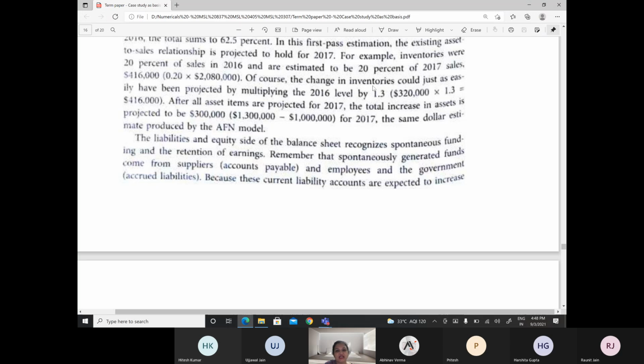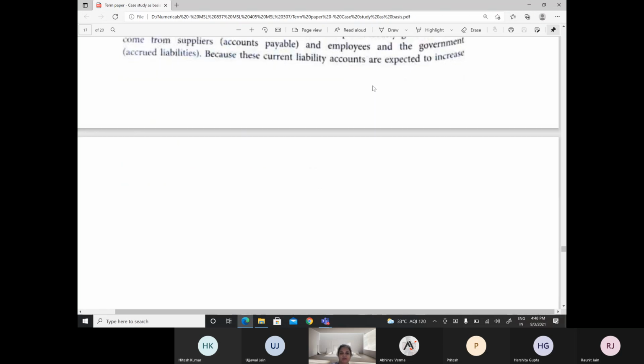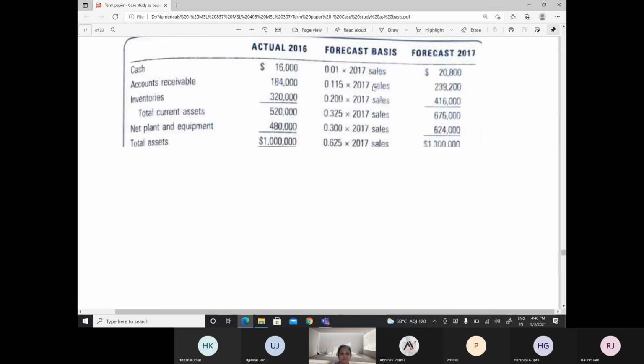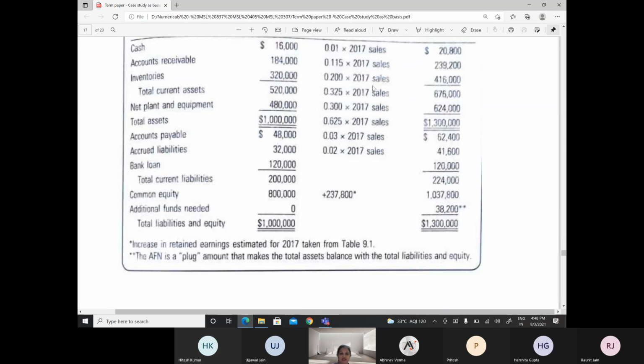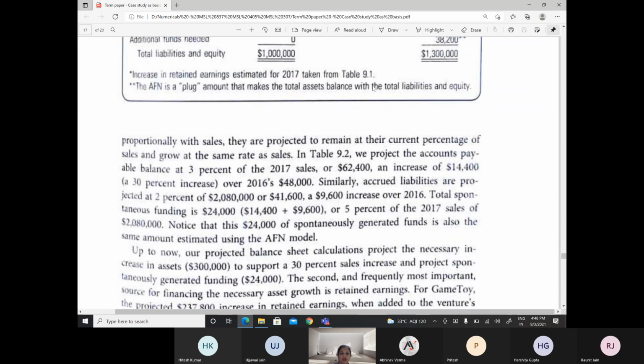Remember that spontaneously generated funds come from suppliers, that is accounts payable, and employees and the government, that is accrued liabilities. Because these current liability accounts are expected to increase, first let me give you all the data, then we will come back to the balance sheet.